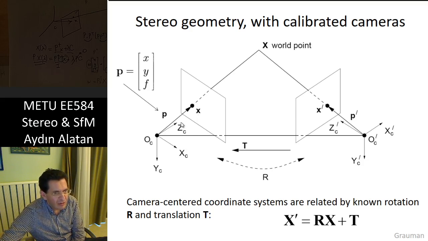In this direction you have F, and that gives you X, Y, and F, and therefore this point is giving us a point on here. Now, similarly, you can write this P prime as well. Now, let's assume a camera-centered coordinate system with such a relation.